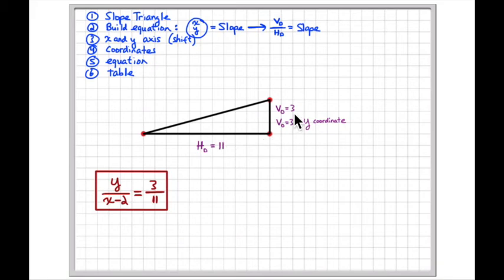And notice 3 is a little bit more than 1/4 of 11. So 1/4 of 12 is 3. So 1/12 is a little bit smaller than 1/11. So 3 is a little bit more than 1/4 of 11. So y is 3/11ths of the number of units in the horizontal direction.